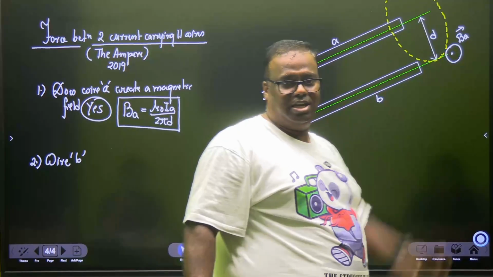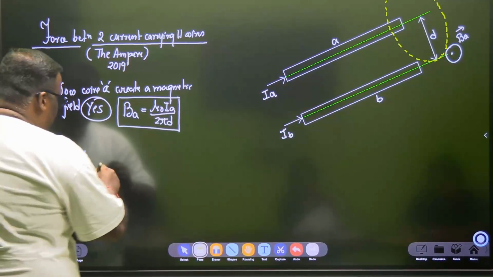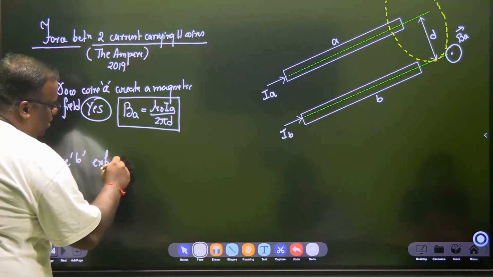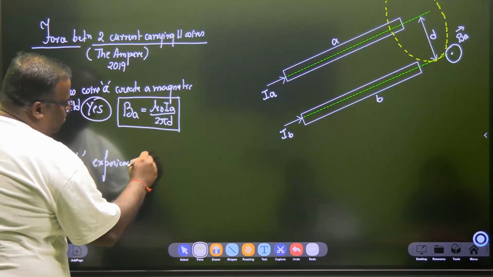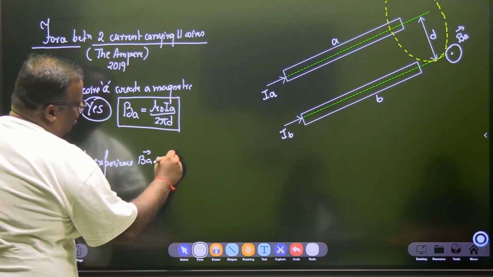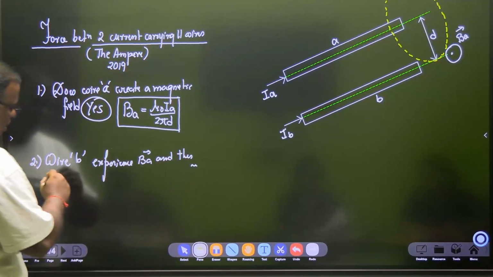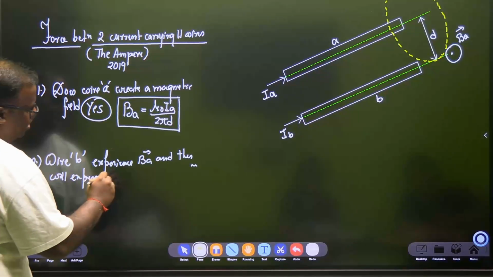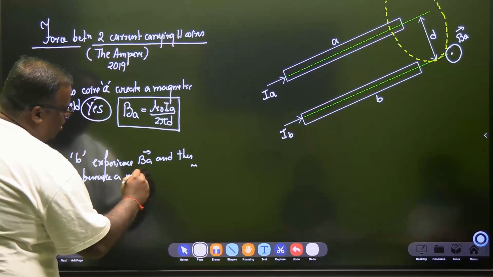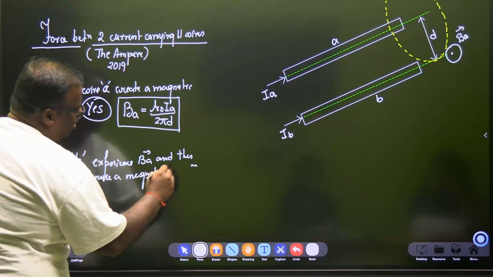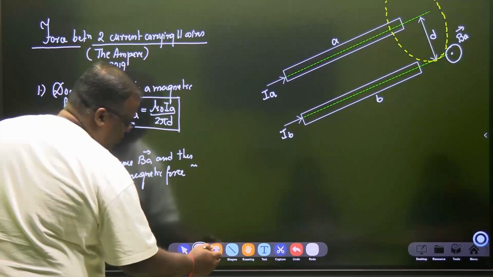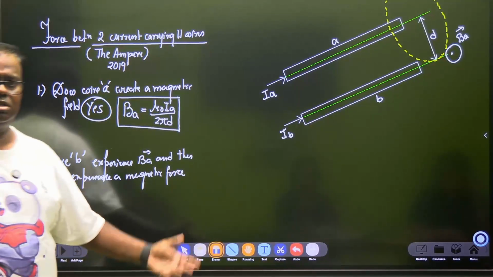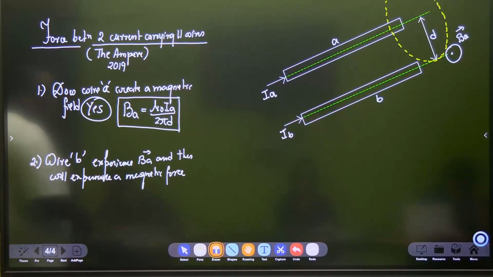Wire B experiences BA and thus will experience a magnetic force. Do you agree or not? Yes, wire B will experience a magnetic force.